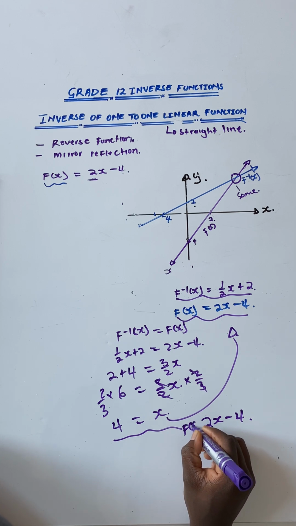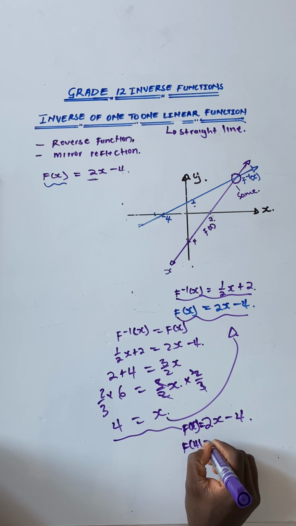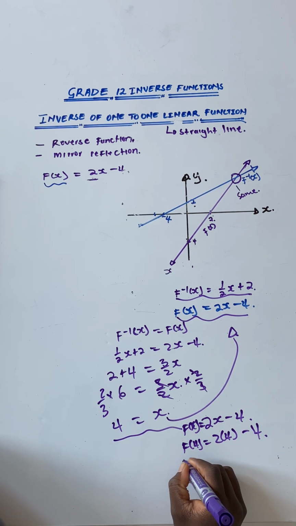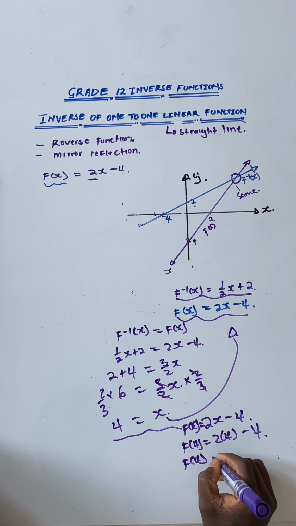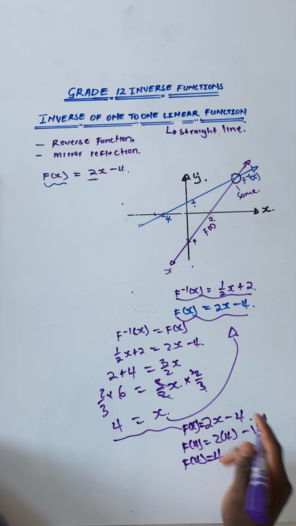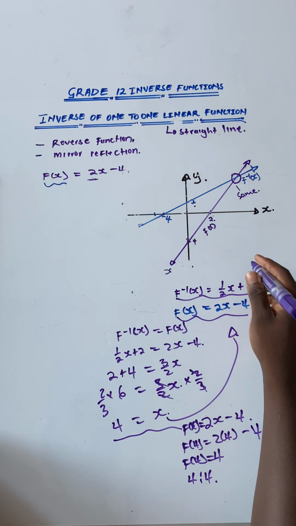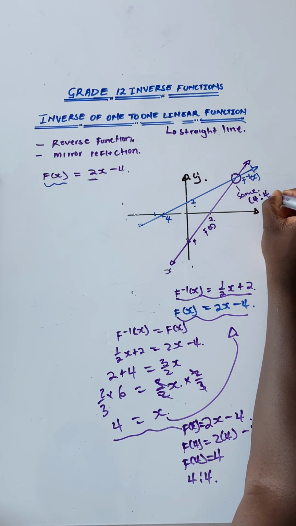What do I want? I want the y value. So f of 4 will be equal to 2 times 4 minus 4. So f of 4 will be equal to 8 minus 4, and that will be 4. So we have a point of intersection of 4 is to 4. That will mean at that point we have coordinates 4 is to 4.